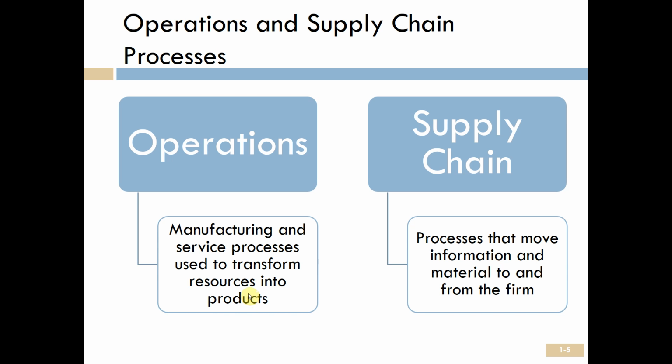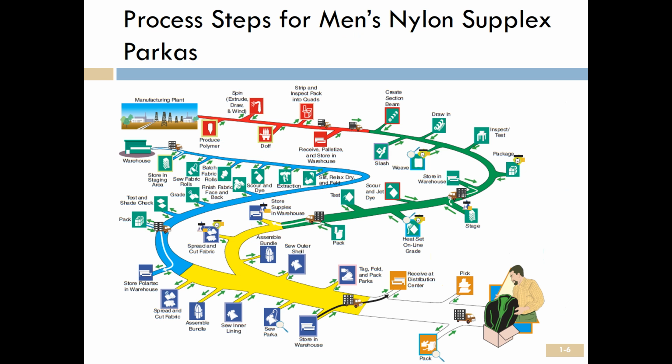That's what operations is. It transforms resources into finished goods or products. And moving things around, either the information or the product, is the supply chain. So as a manager in operations or a manager in supply chain, you need to know good management practices to do these type of things.